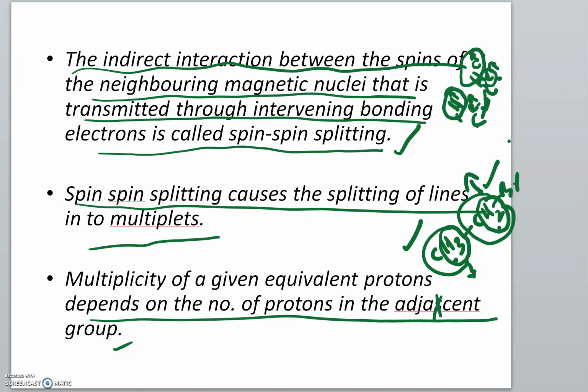So due to this interesting thing, we can get an idea about the chemical environment of a particular proton, because the splitting of this proton is affected by the neighboring protons. The neighboring environment can also be studied by NMR spectra due to spin-spin splitting.